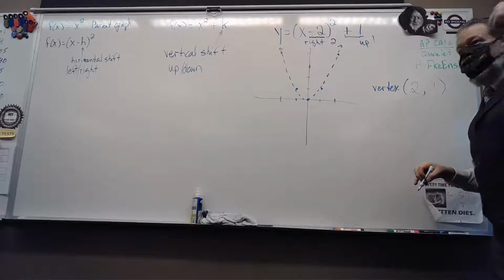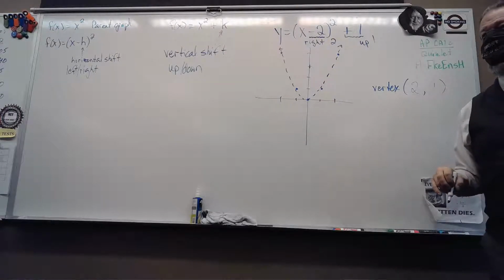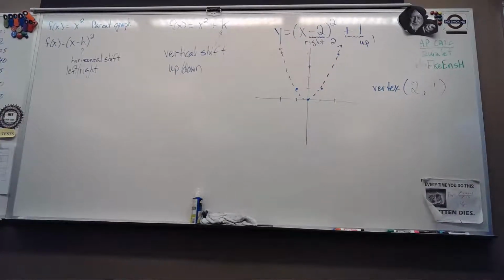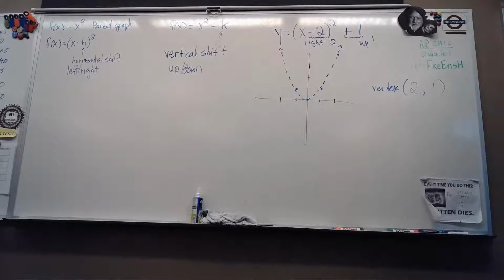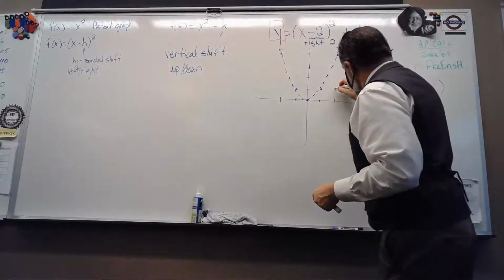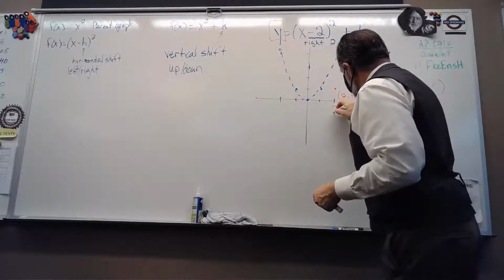Are you absolutely positively sure that it's 2, 1? I'm sure. Nice. Yeah, exactly. The vertex starts at 0, 0, and it just moves around. Whatever I do to the parabola, that's where the vertex ends. I start at 0, 0, and I go 2 to the right and up 1. Boom, my vertex is at 2, 1. So we can now graph this equation because there's my vertex at 2, 1.